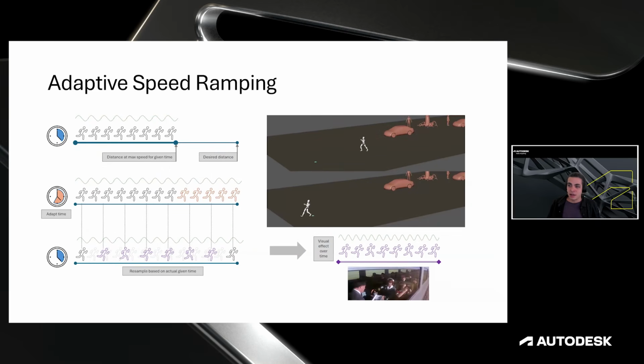And that's not the only feature that's relying on resampling of the timing of the animation. We also have a feature called adaptive speed ramping, where we can detect if a character is getting behind the path controller. When it's detected, we can allow the system more time for the character to catch up. So we generate more frames of animation.